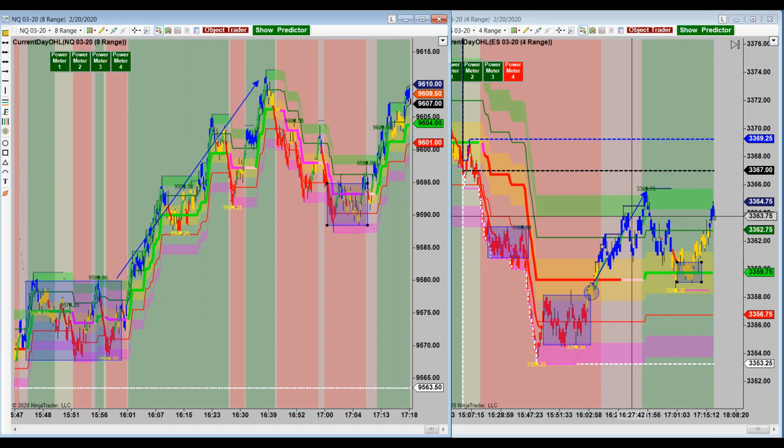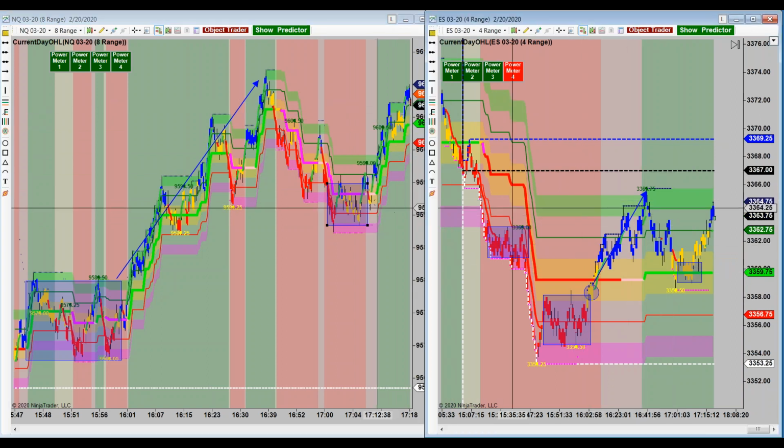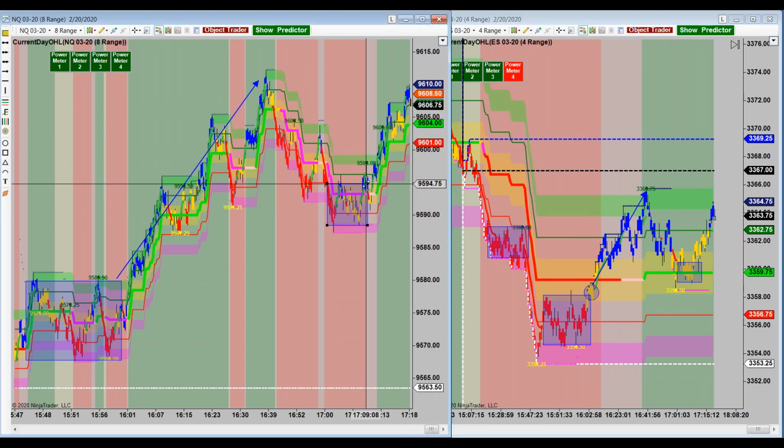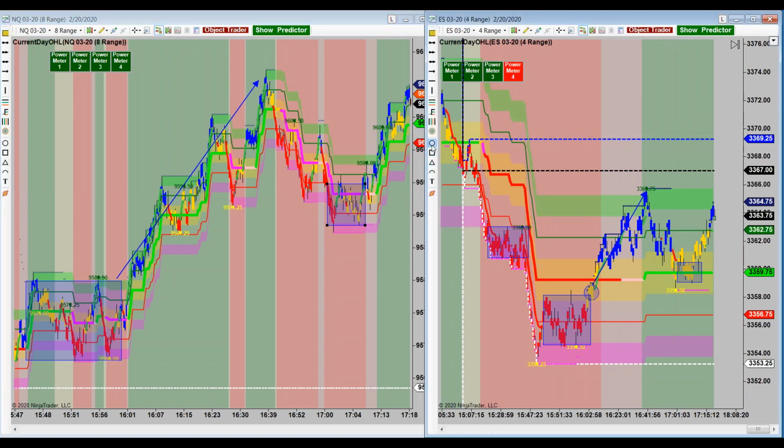So let me ask you a question. Based on the price action of what NASDAQ was doing over here, was this a legitimate long trade box on ES right here? Yes or no? Look at the two together.